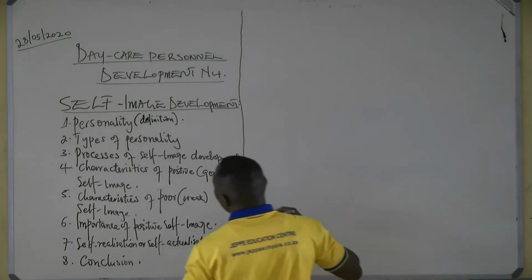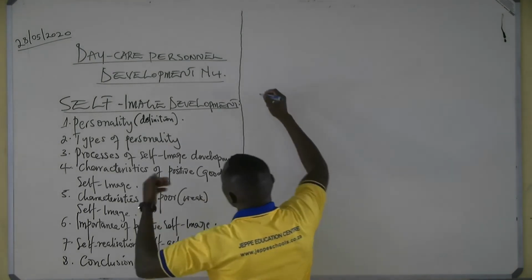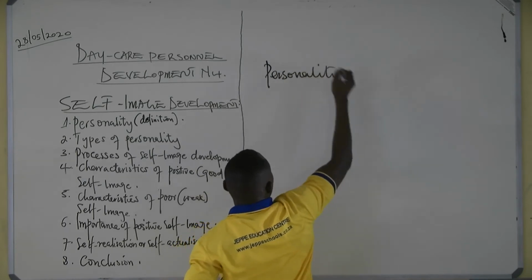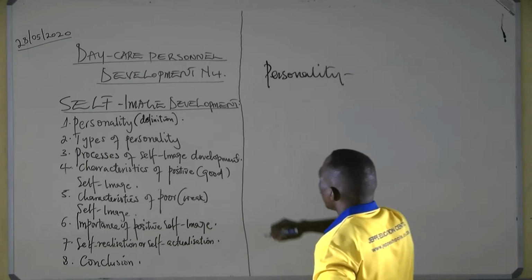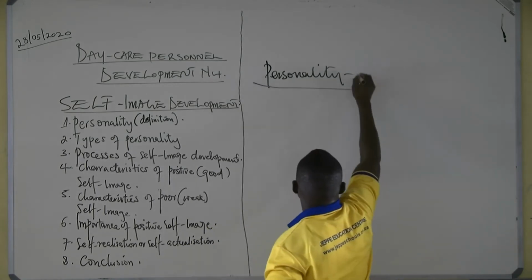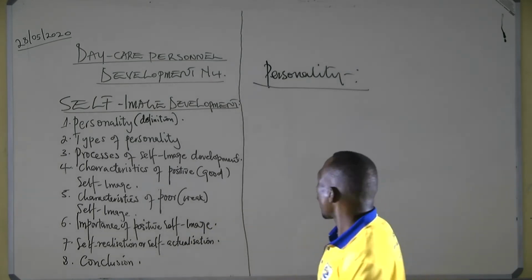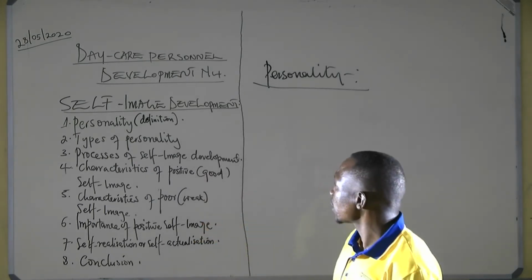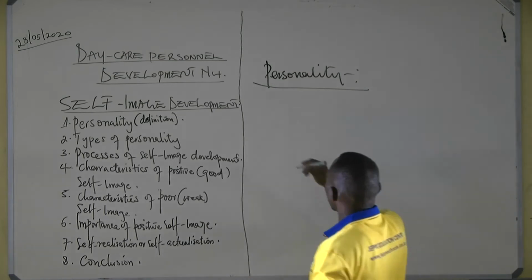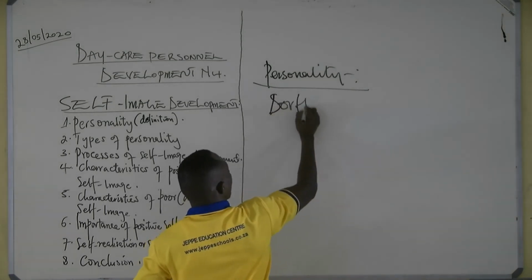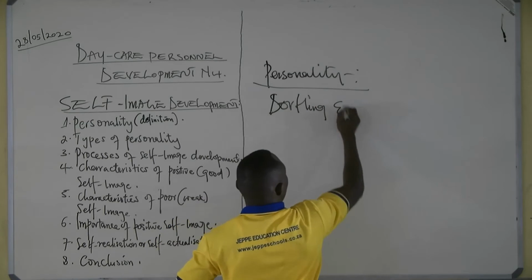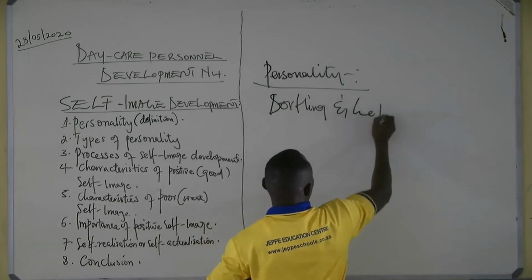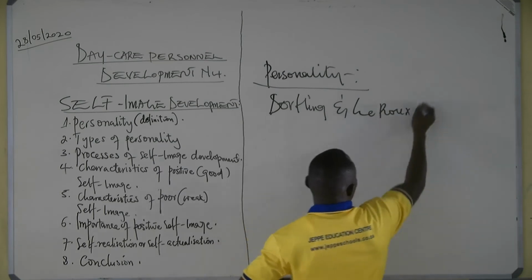So let us look in detail at what we mean by the term personality by definition. There are two gentlemen who are great scholars in DayCare as a course: Dev4 and Lerot.